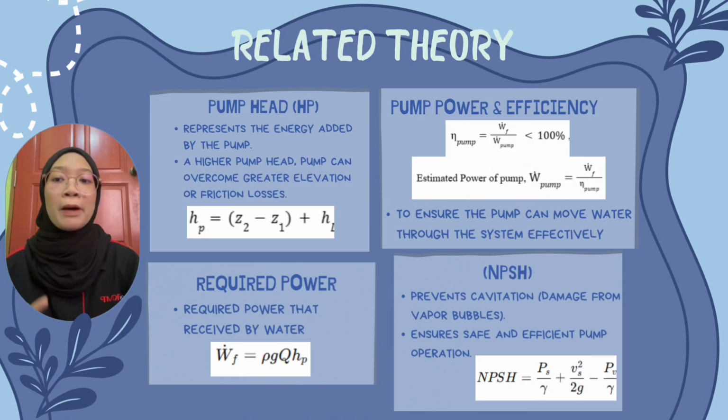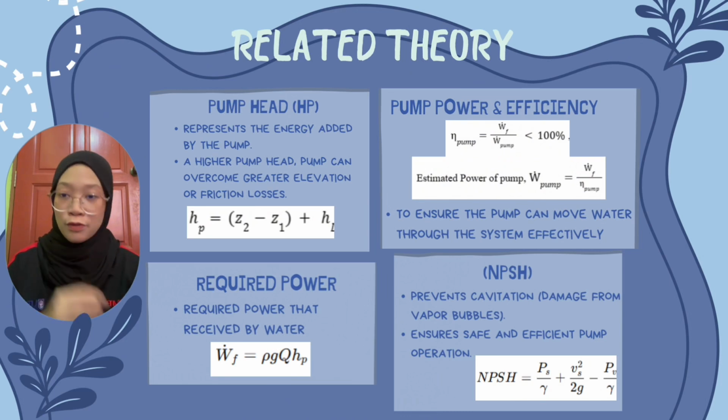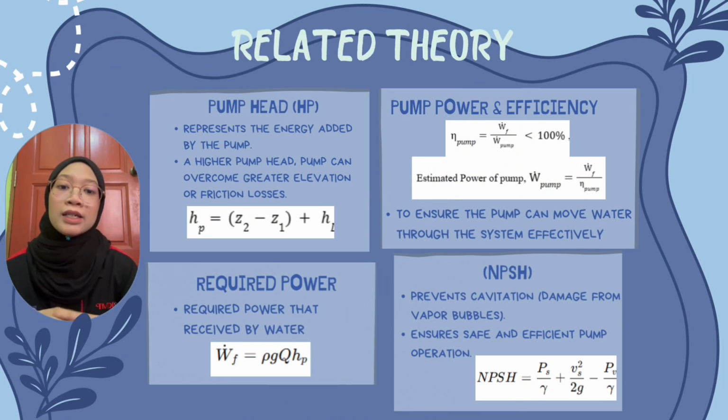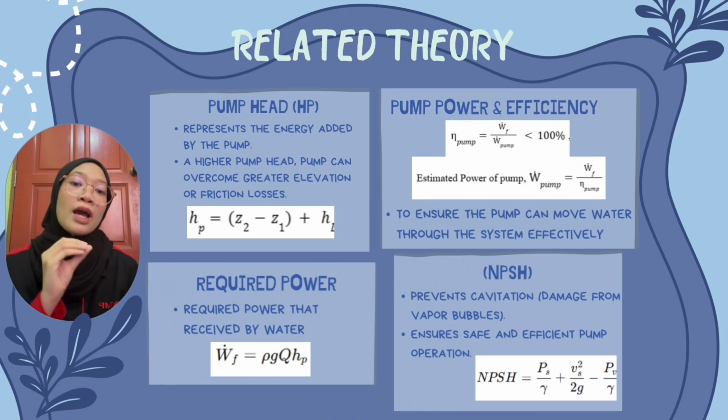Next, to ensure the pump can move water through the system effectively, we can determine the estimated power of the pump using the efficiency equation, where the efficiency is determined by the chosen pump from the catalog.